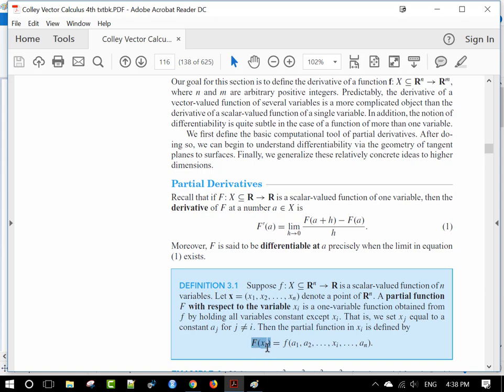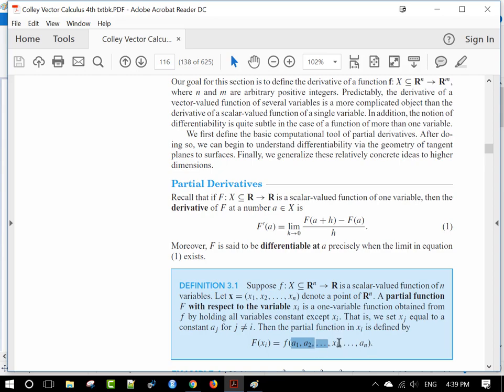And what does this mean? It means take this function and basically eliminate all the variables except for the ith input variable. So just set all the other ones to constants. So a sub 1, a sub 2, this means constants. It just means set them all to constants except for this.